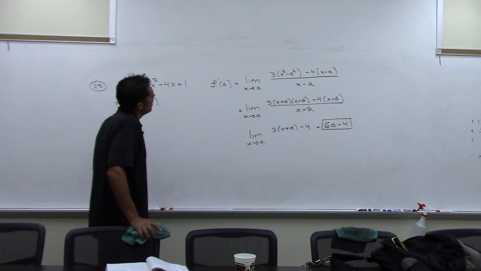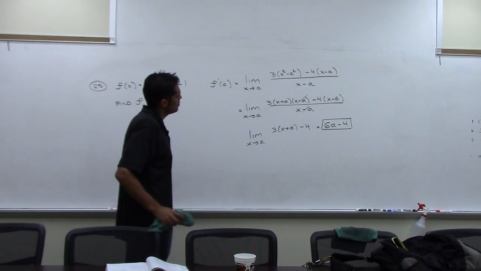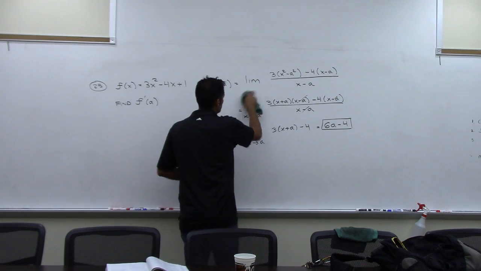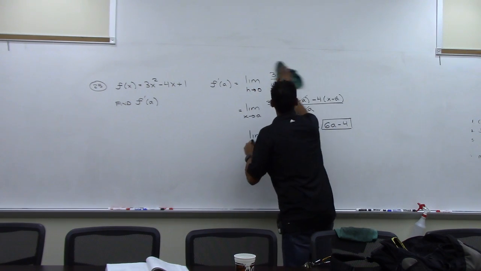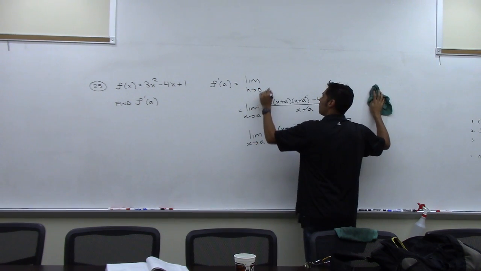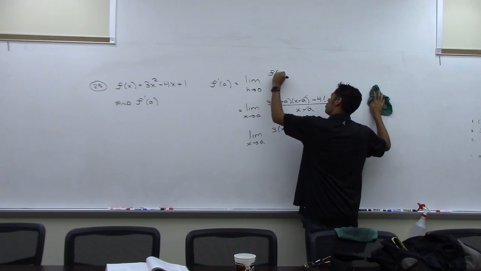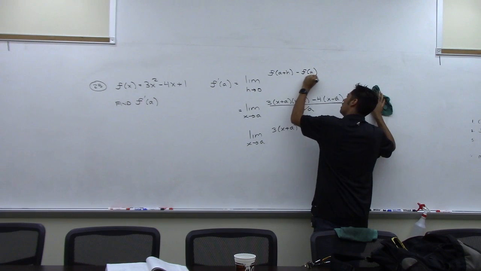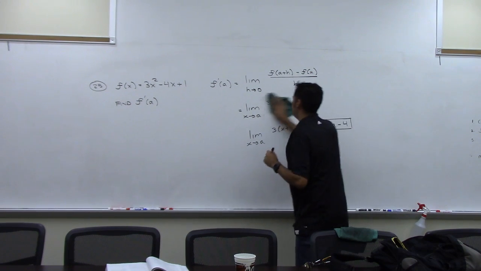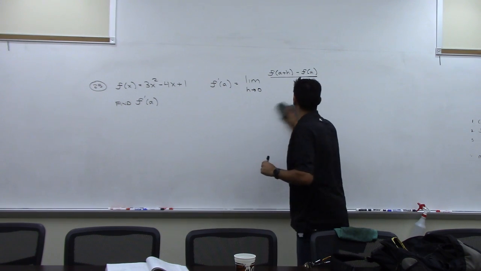Well, you know what? I think what I'd like to do is I'd like to do this problem with the other formula just to illustrate the difference. If I do the other formula instead, then this would have been f of a plus h minus f of a all over h. So let's see if this one would have been any easier.